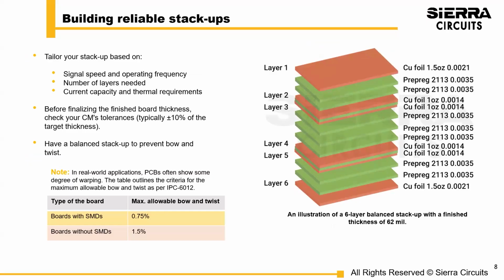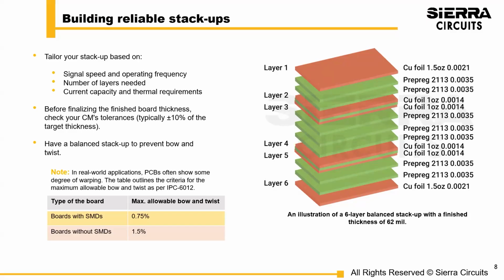Building reliable stack-ups is a very critical step. You must tailor your stack-up based on at least these three parameters, that is the signal speed and operating frequency, the number of layers that is needed, and the current capacity and thermal requirements. Before finalizing the finished board thickness, make sure to check your CM's tolerances, typically plus or minus 10% of the target thickness.